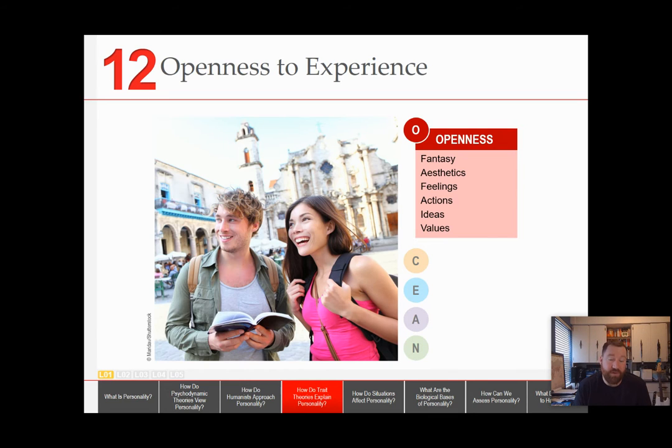People on the low openness side, remember there's two components to these things, prefer more familiar things. A good example here is, are you the type of person who likes to go to the same restaurant every week, or every month, and get the same thing?